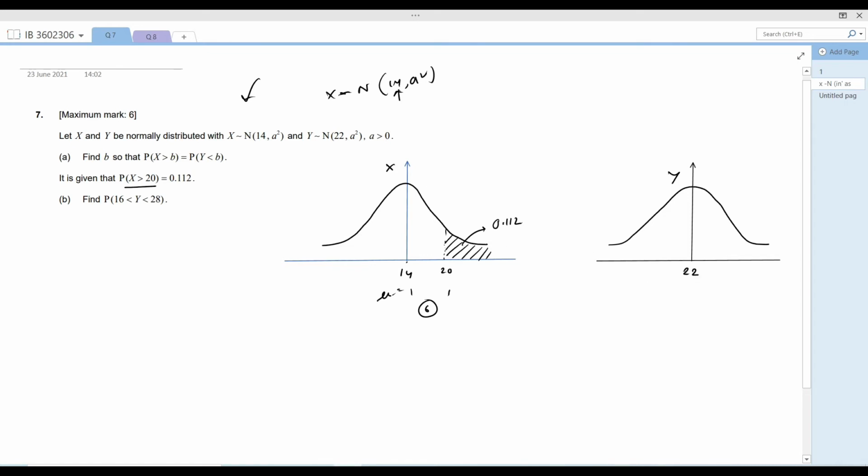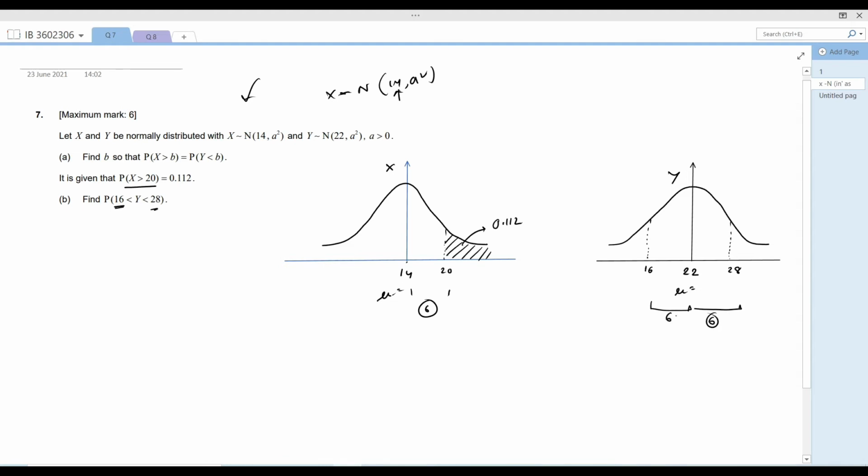The middle point is 22, that is mu, and here I have to find 16 and 28. So somewhere 16 will be here, and 28 will be somewhere here. You can see the difference between 16 and 22 is 6, and again the difference between 22 and 28 is 6.